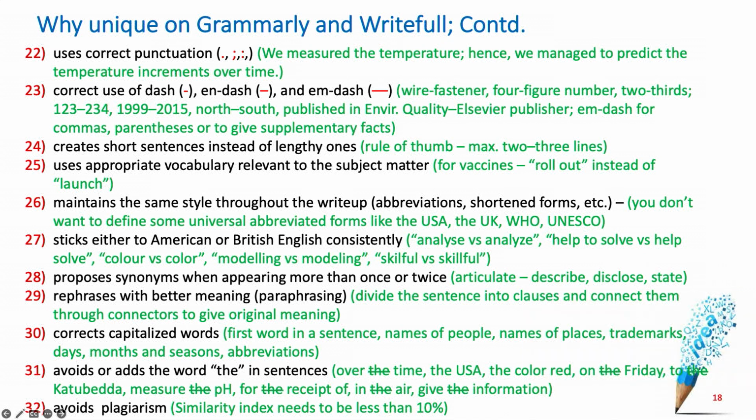And then 29, rephrase with better meaning, we call paraphrasing. Divide the sentence into clauses and connect them through connectors to give the original meaning. Whenever you get a certain sentence, you never try to do paraphrasing without splitting it into 2 or 3.